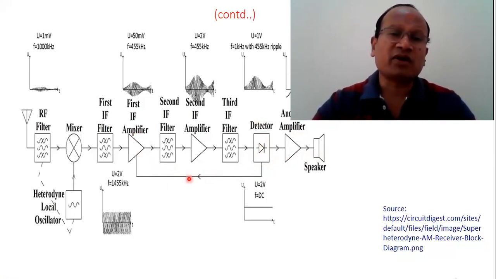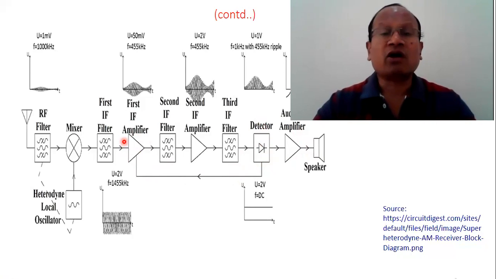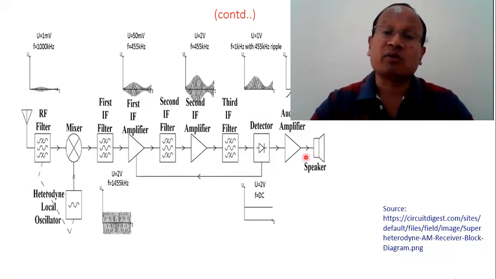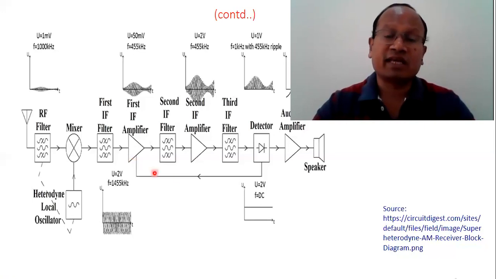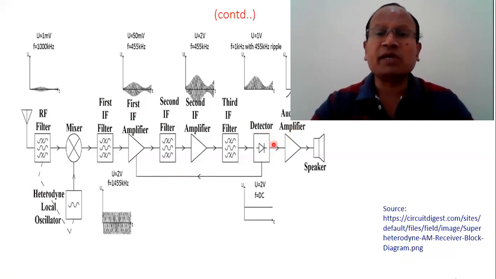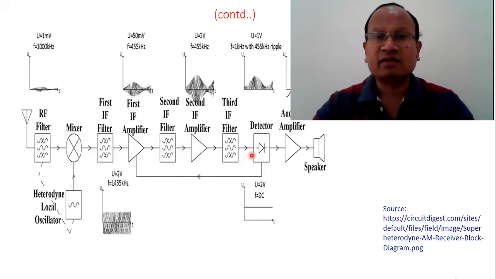Actually, this is an important requirement in an AM receiver, sometimes called automatic gain control, automatic volume control or automatic voltage control. There are three terms written for this: AVC or AGC. In an AM receiver, we know it's an amplitude modulated signal, so there must not be any amplitude variation here. Whenever there is amplitude variation, that limits the performance of the AM receiver.